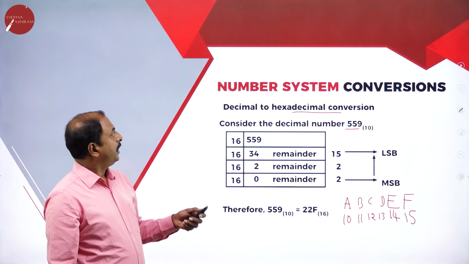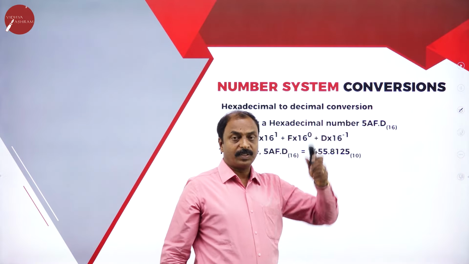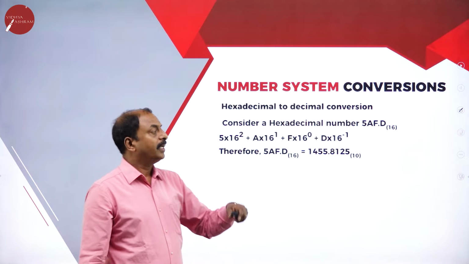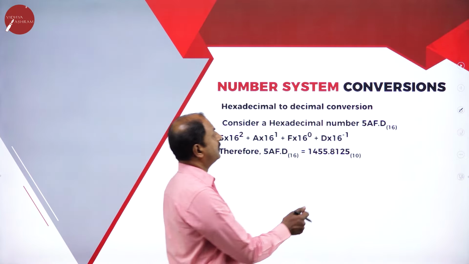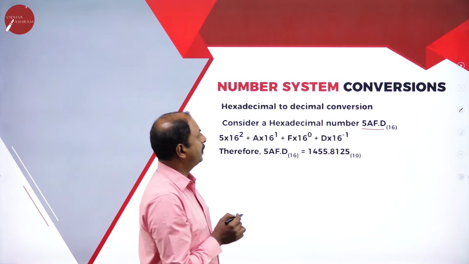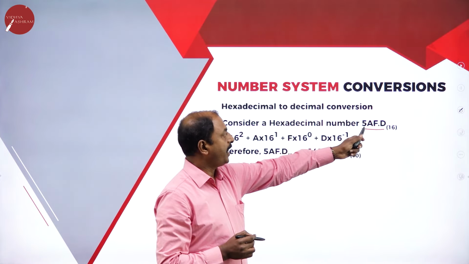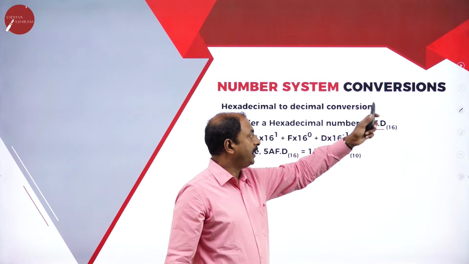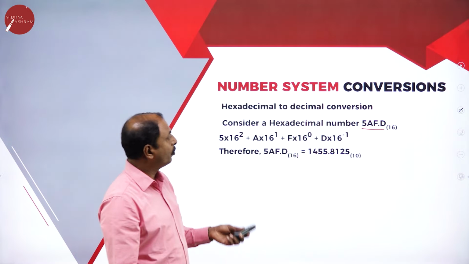So the next conversion is from hexadecimal to decimal. That is the reverse of what we did in the previous slide. Here is a hexadecimal number, for example 5AF.D, that is 5AF point D. Here A, F and D are valid hexadecimal digits to the base 16. Now how do we convert it?